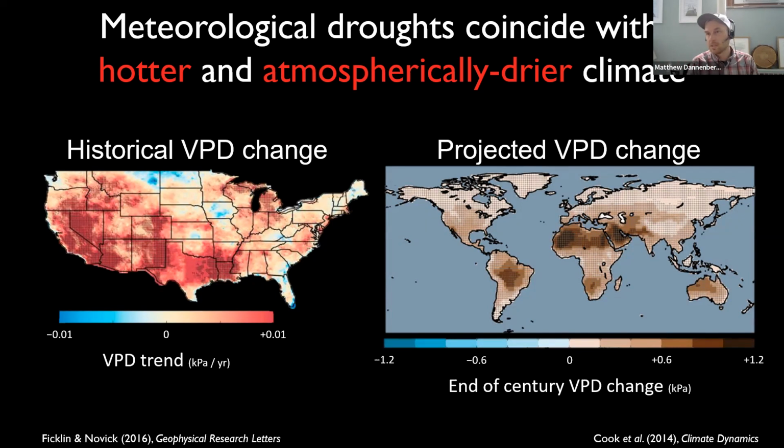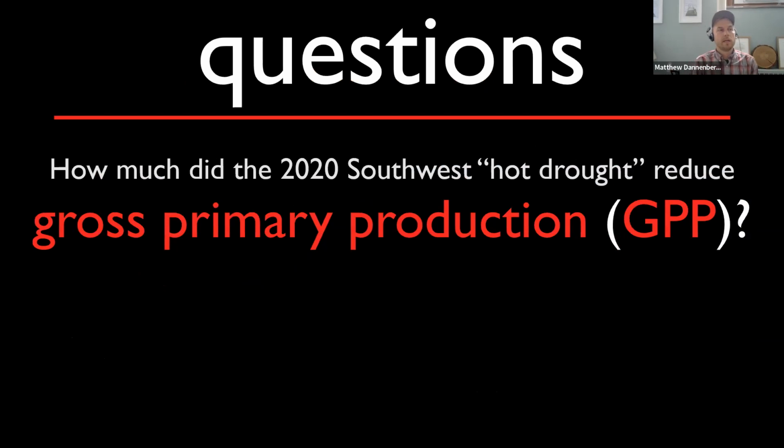And pretty much ubiquitously across the land surface, vapor pressure deficit is expected to continue increasing. And so that means, again, that meteorological droughts, those precipitation deficits, are going to be overlain on a hotter and atmospherically drier background climate.